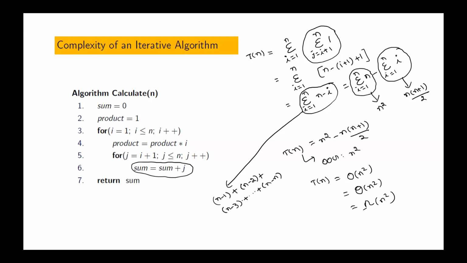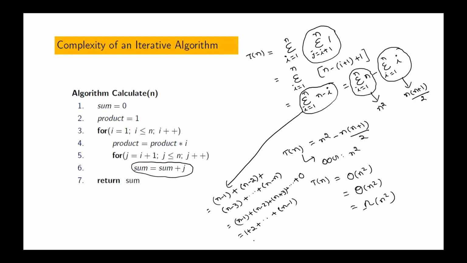Now you tell me, what is this value? n minus 1 plus n minus 2 plus n minus 3 up to 0, which is nothing but, if I write it the other side, 1 plus 2 up to n minus 1.